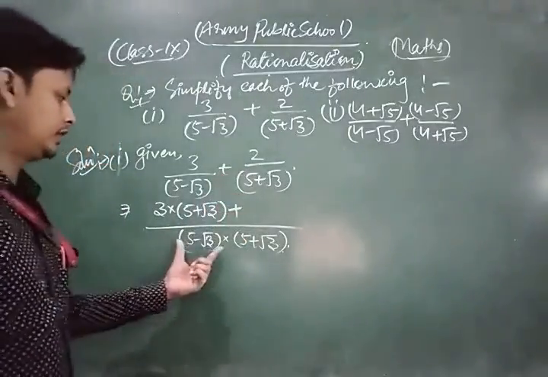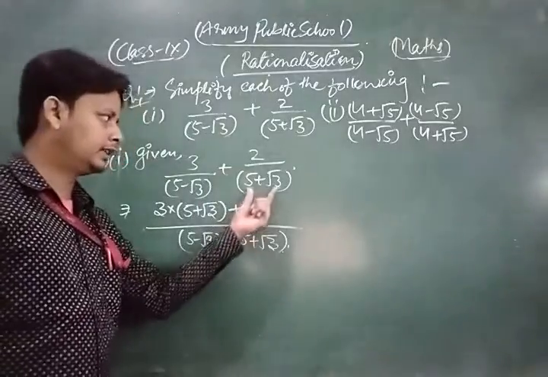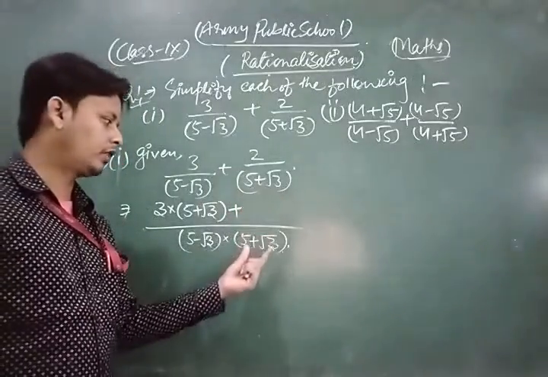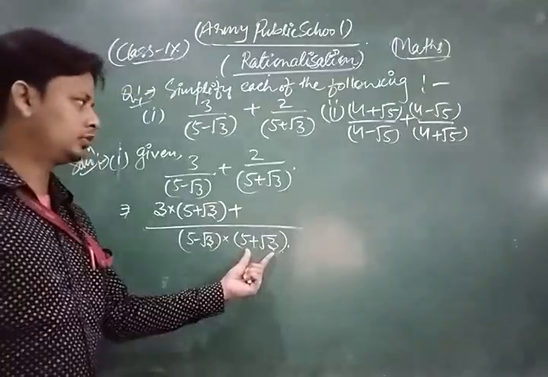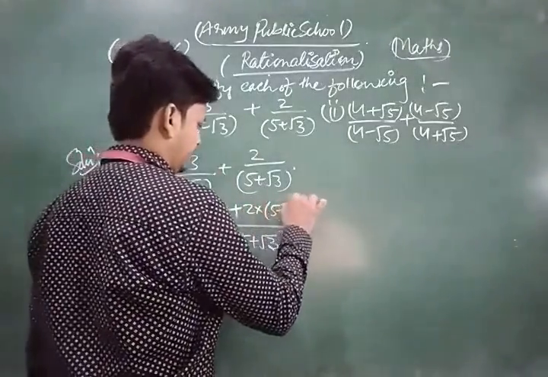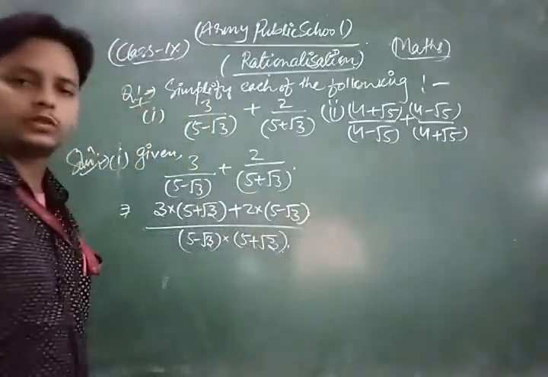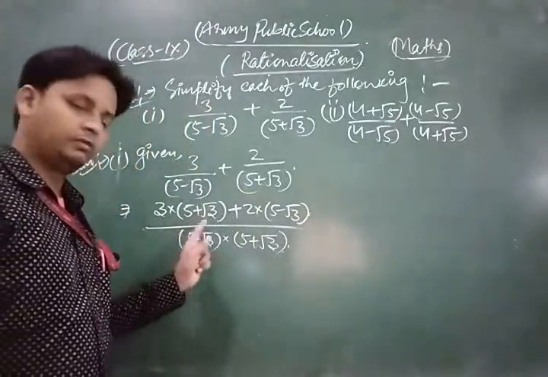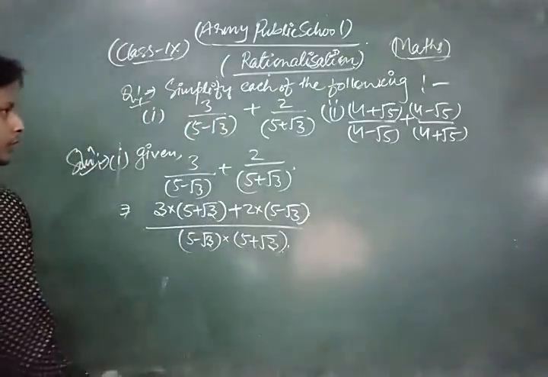Now we divide the LCM by the denominator of the second fraction. Then 5 plus root 3 and 5 plus root 3 cancel each other, so we get 2 into 5 minus root 3. Now we simplify them. Okay, look.